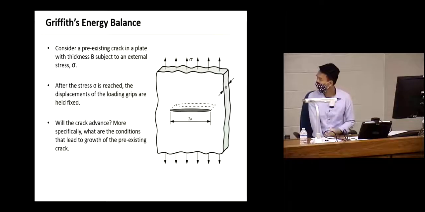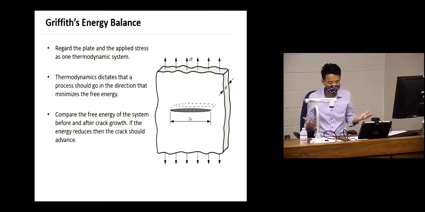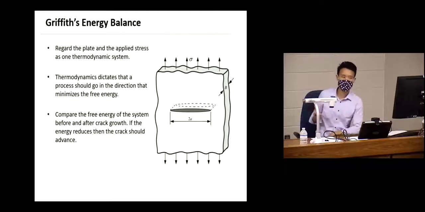Okay, so from thermodynamics, we know that what determines whether a process will proceed is whether the energy after the process is lower. Okay, so this is just thermodynamics. It's a result from thermodynamics that all physical systems try to minimize free energy, right?